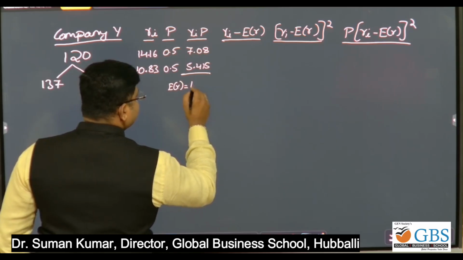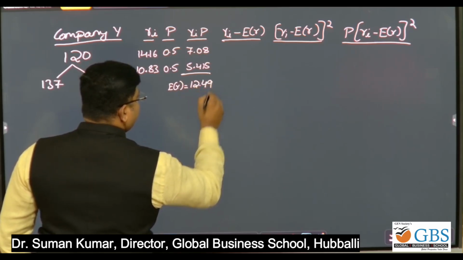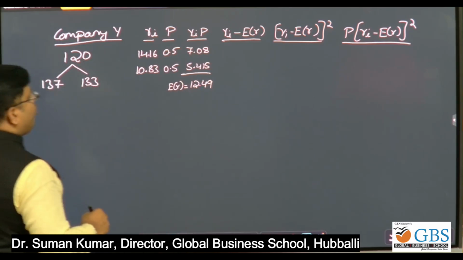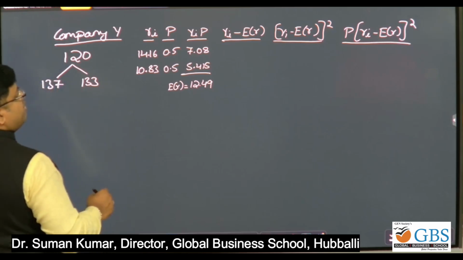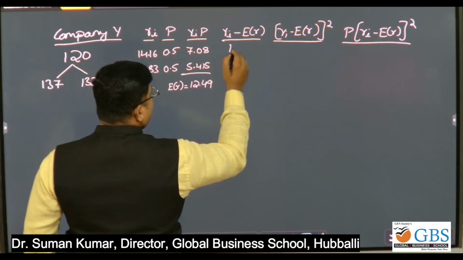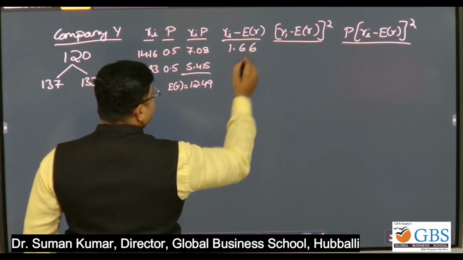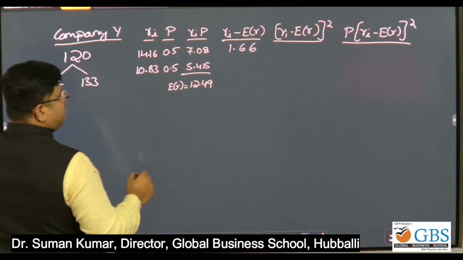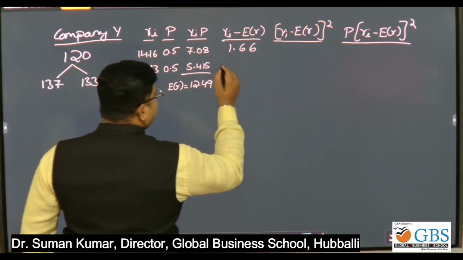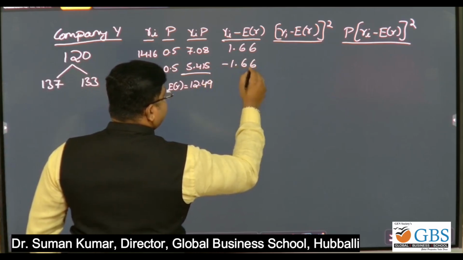12.49. Okay. 14.16 minus 12.49 is 1.66. What about this? 10.83 minus 12.49 is minus 1.66.